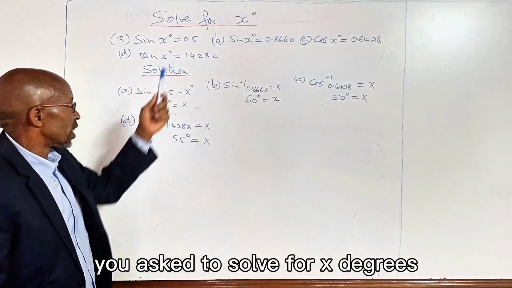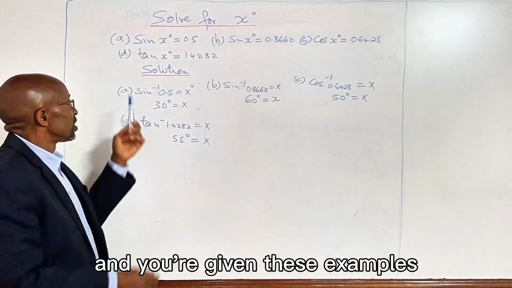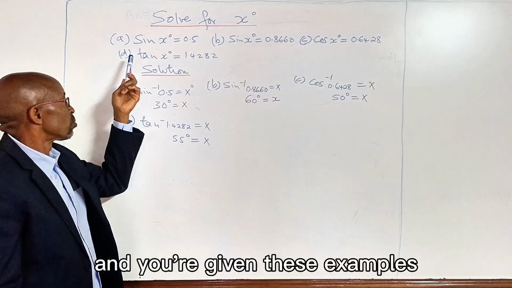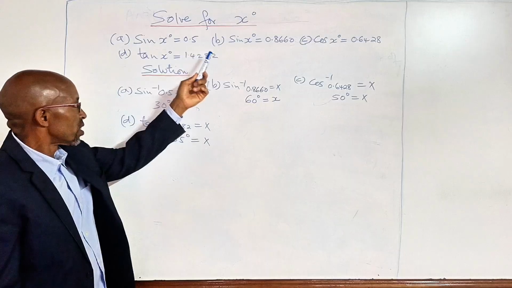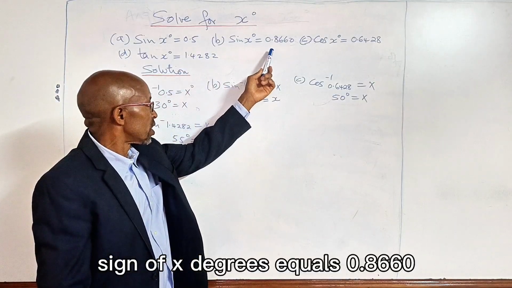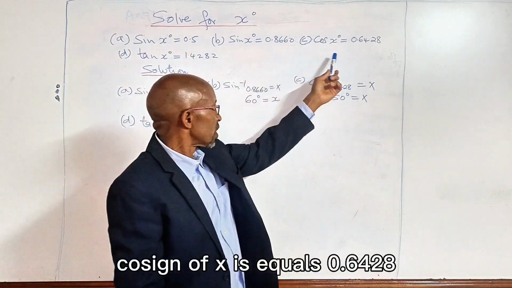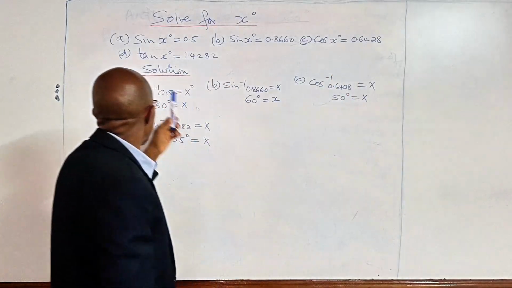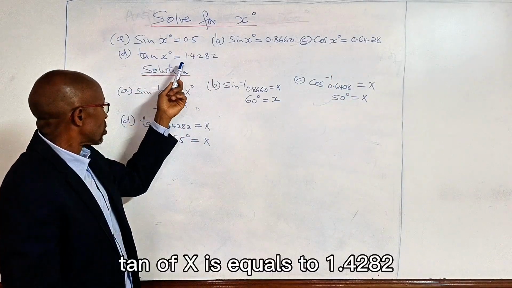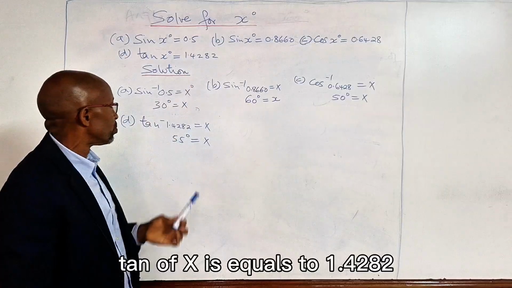You are asked to solve for x degrees, and you are given these examples. Sine of x degrees equals 0.5, sine of x degrees equals 0.8660, cosine of x is equal to 0.6428, tan of x is equal to 1.4282.